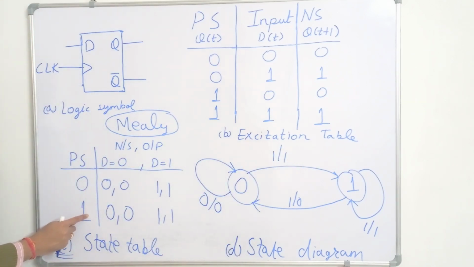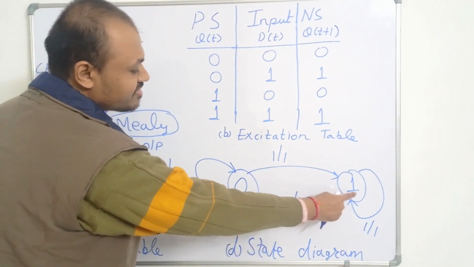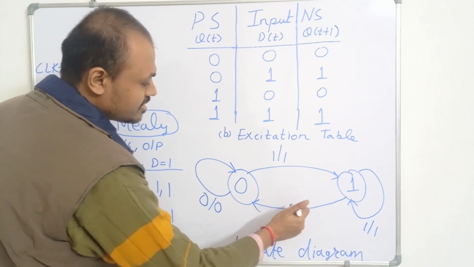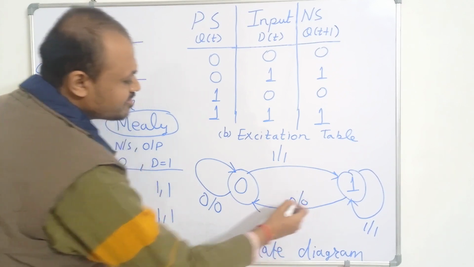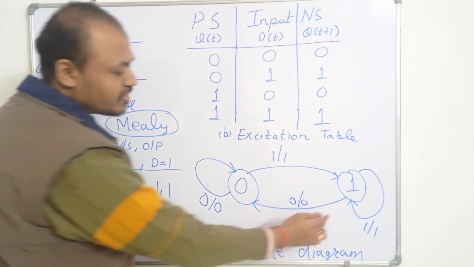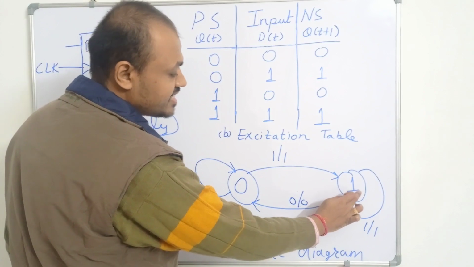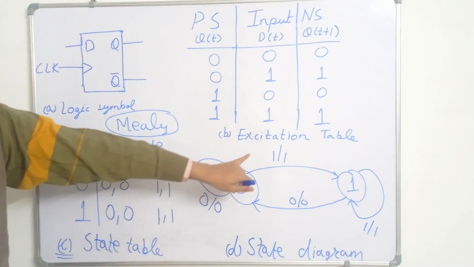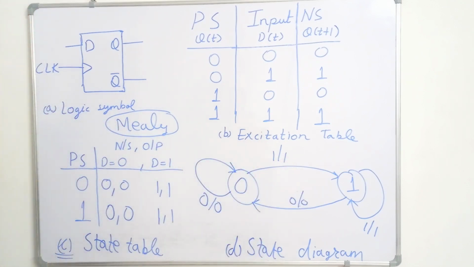If present state is 1 and input is 0, output will be 0 only. So this is denoted by this. And if present state is 1, input is 1, output will be 1. So it is denoted by this arc. So this denotes the input, this denotes the output.